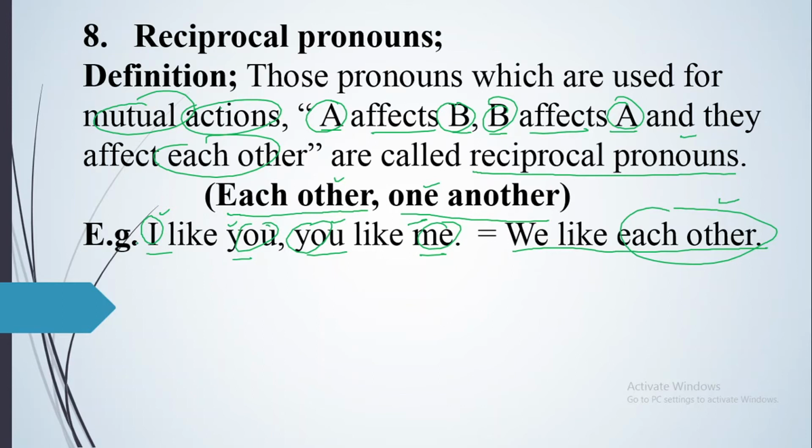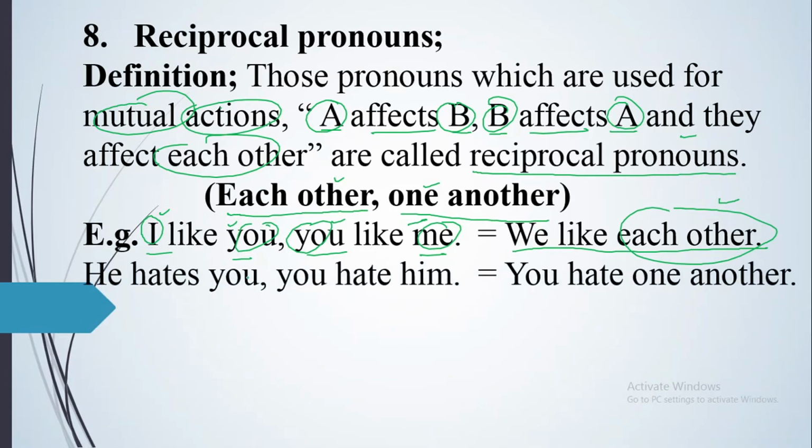And the second example I will give: he hates you, you hate him. He hates you. In reaction, you do the same, you hate him. Instead of saying that much long sentence, why should we not say you hate one another? So this is what one another is called, a reciprocal pronoun.